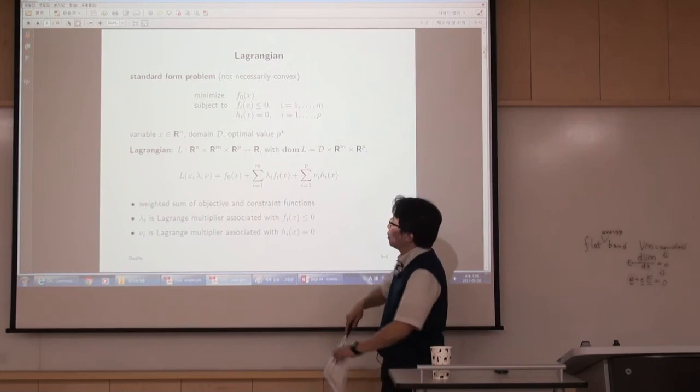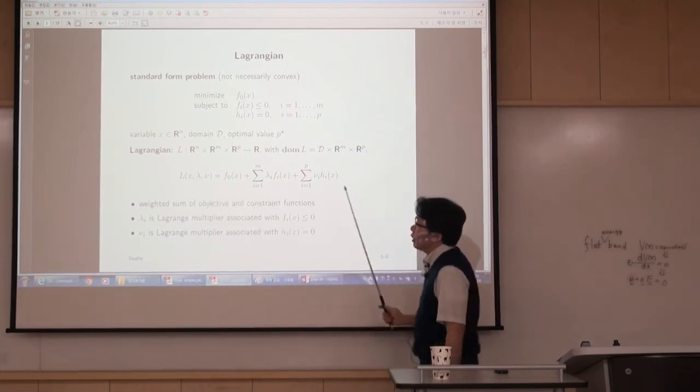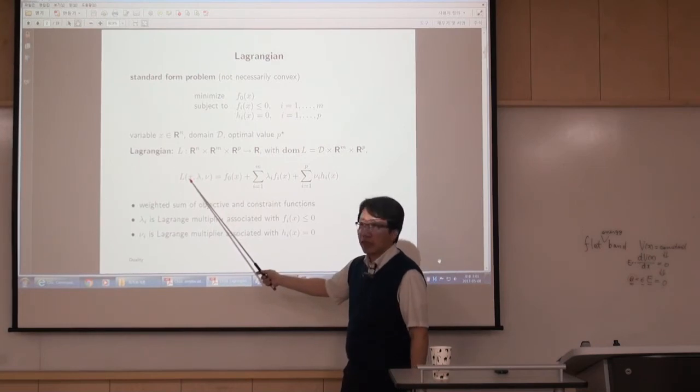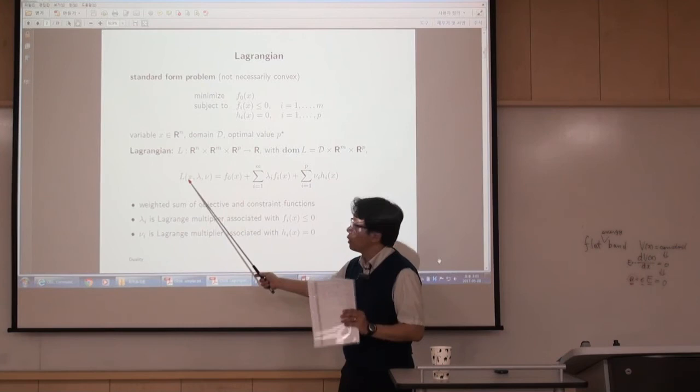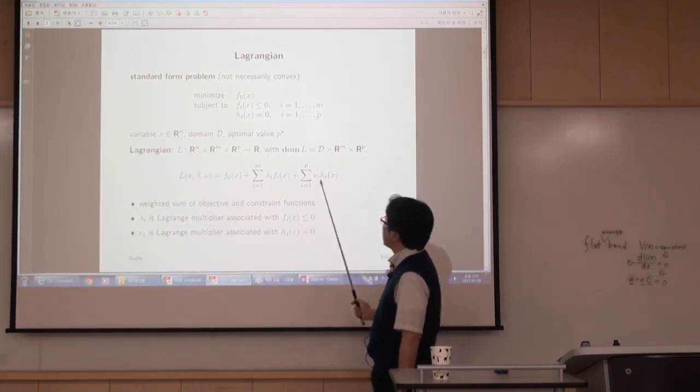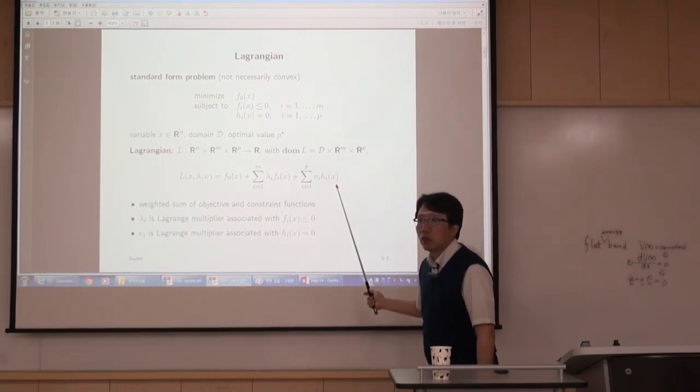Now, suppose here we constrain x to our constraint set. I said constraint set. What does that mean? Some x makes this h equal all 0. Right?